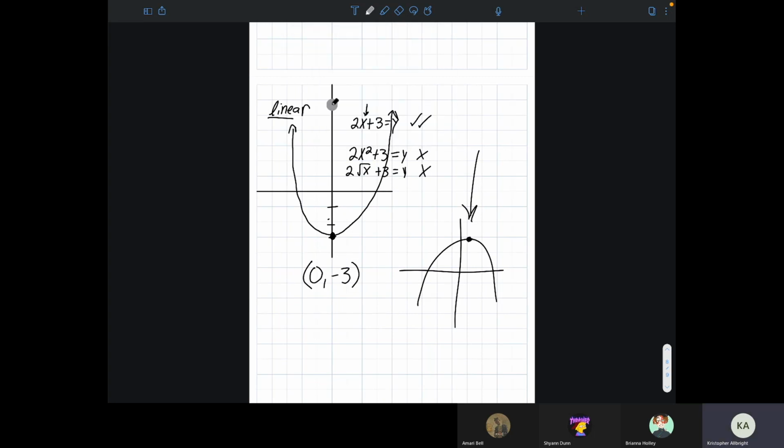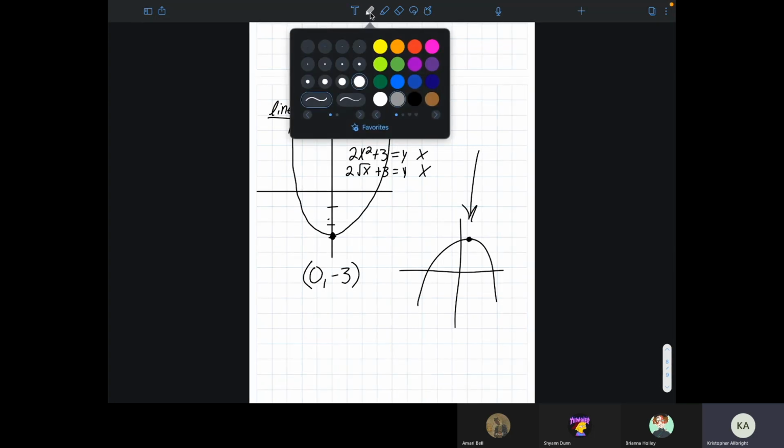This is our mirror. And we're looking at this and we say, okay, well, this side is the same as this side for sure. They're reflecting across this mirror. We kind of have to use our intuition to think about where to put the mirror.